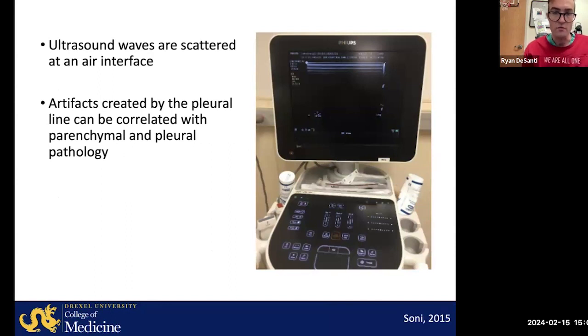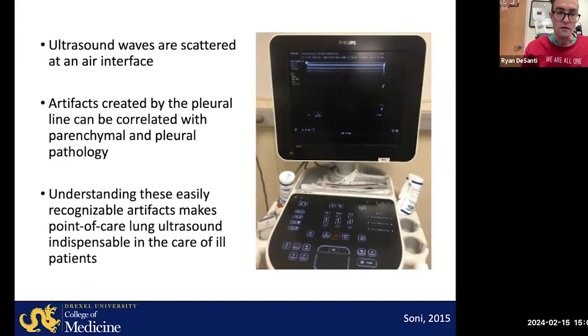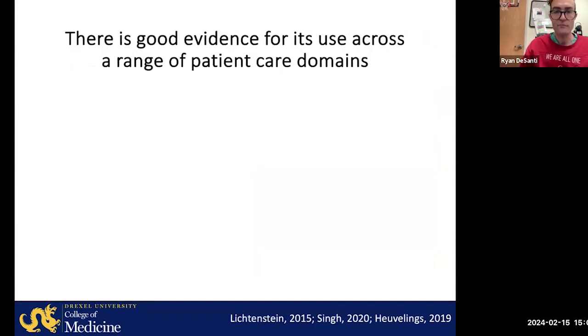Artifacts which are created by the pleural line in lung ultrasound can be correlated with both parenchymal and pleural pathology. And understanding these easily recognizable artifacts can make point-of-care lung ultrasound useful in the clinical care of ill patients. There is a good amount of evidence for use of lung ultrasound across a range of patient care domains.